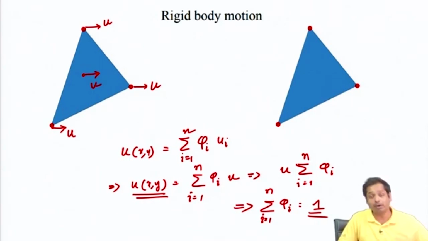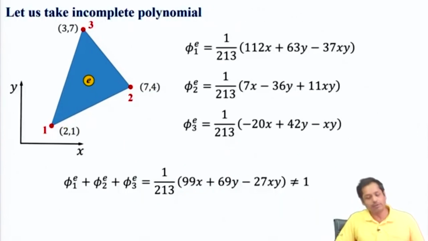Forget about strains and all that, we will see whether it can capture those or not, but for just a rigid body motion it is not able to capture. That is why, when we construct a shape function, what terms to take in the polynomial is very important. So we will stop here today.